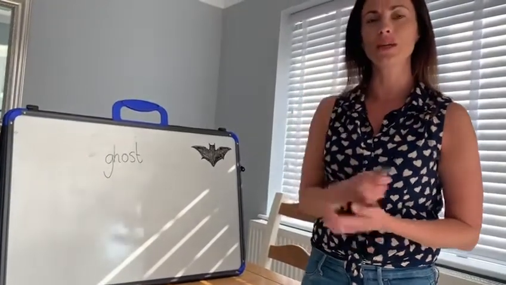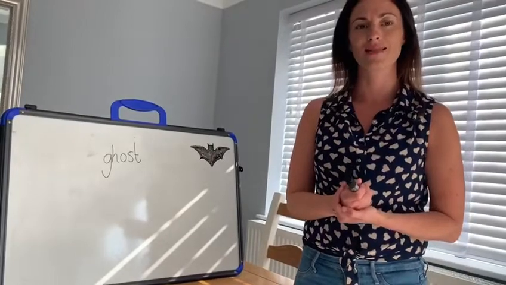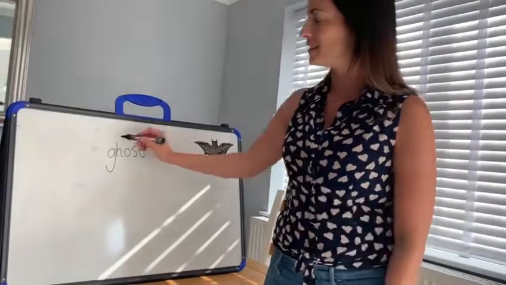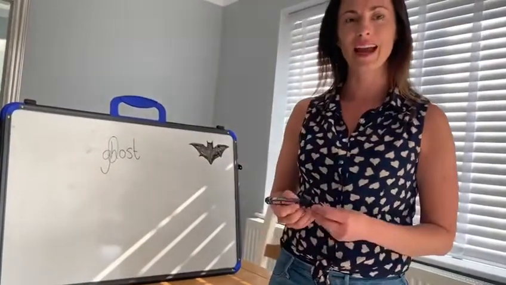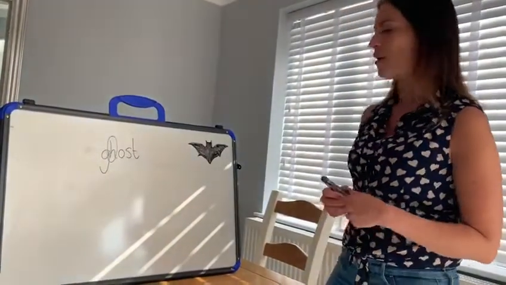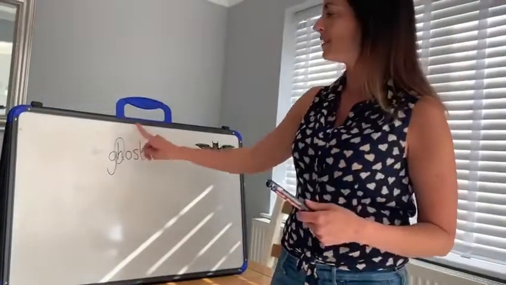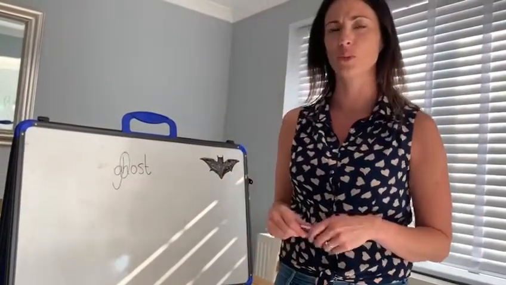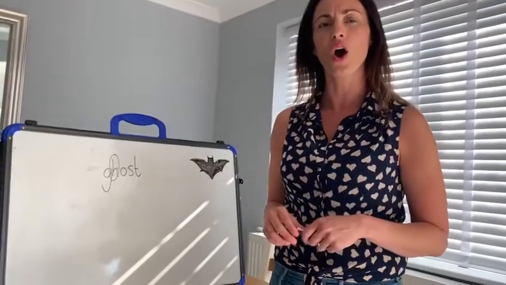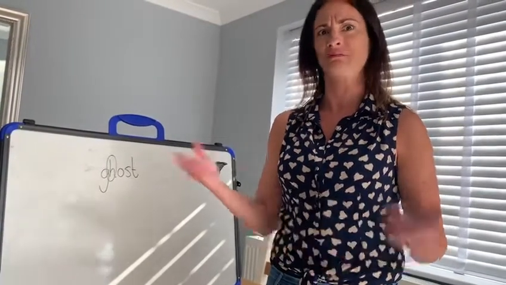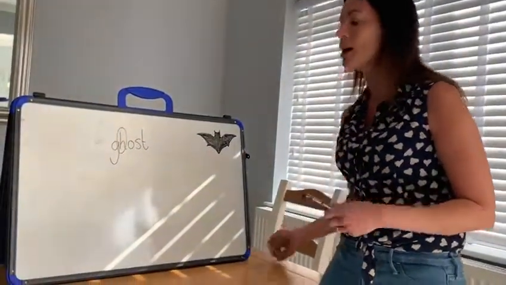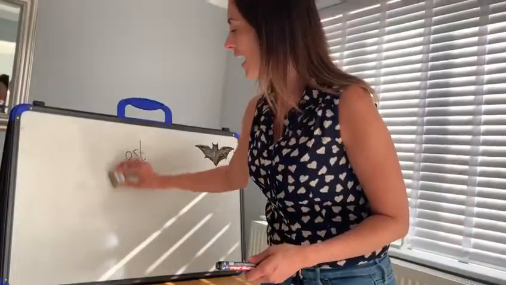What sound can we not hear in that word? That's right, it's the H. So today we're learning about the silent H. If I was to sound this word out, and I sounded out the H as well, I would say ghost. Does it? We know that this word is ghost, but it has a silent H in it.